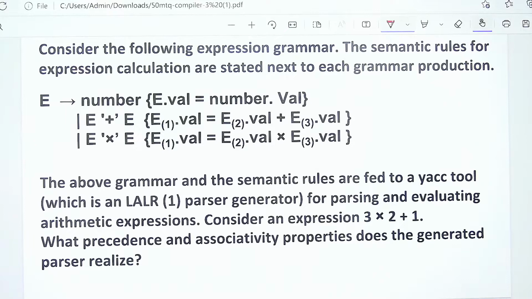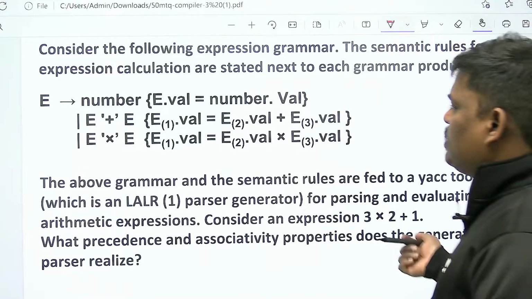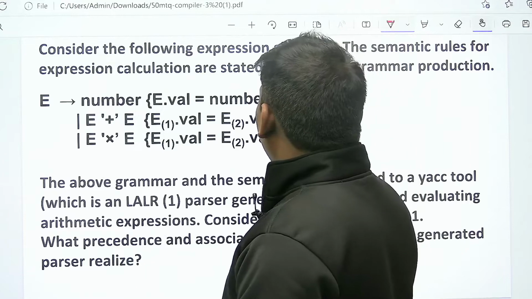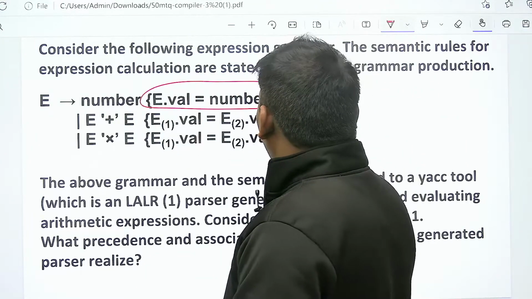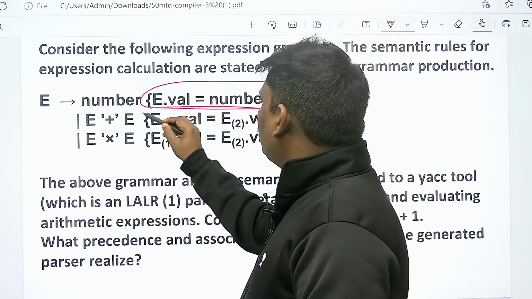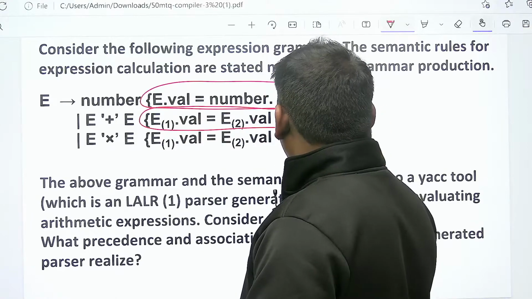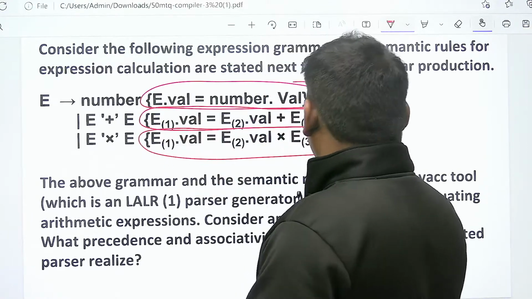Consider the following expression grammar. The semantic rules and the expression calculations are next to each grammar production. For the first production, it is a semantic action. For the second production, it is a semantic action. For the third production, it is a semantic action.